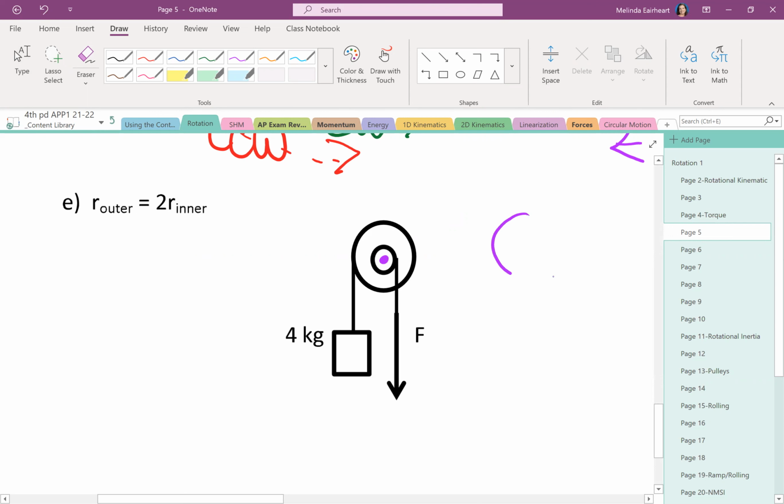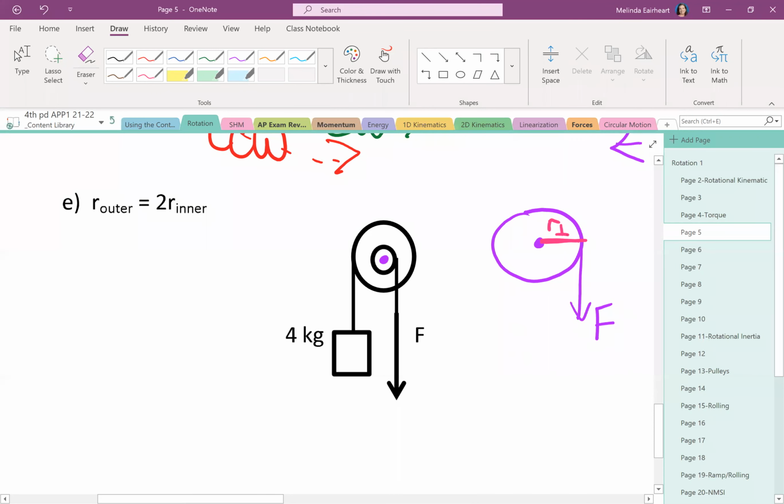And I'm just going to redraw for one of them. I don't want my picture to get too cluttered. Both of them have a force that's basically tangent to the circle. So if this is a force in the vertical direction, where's the lever arm? Where's the lever arm for this force? From your axis of rotation to the vertical force would mean it's a horizontal distance right here.